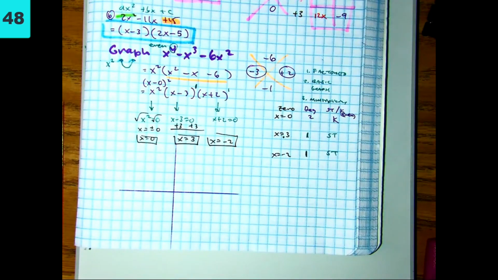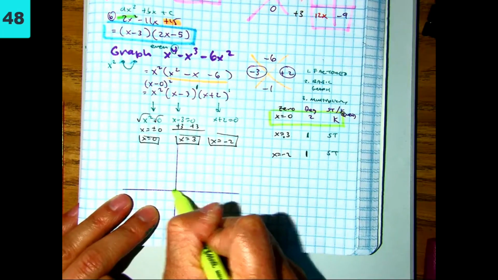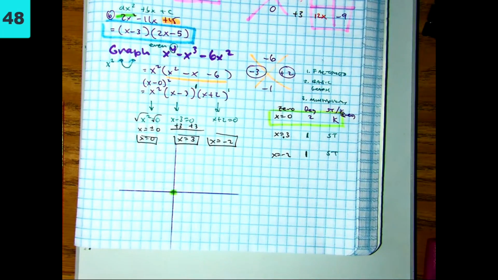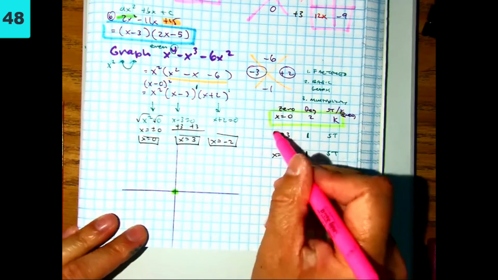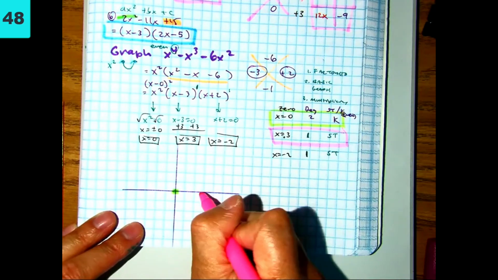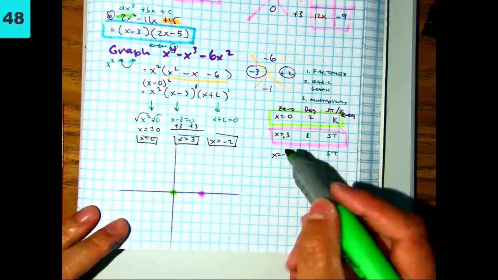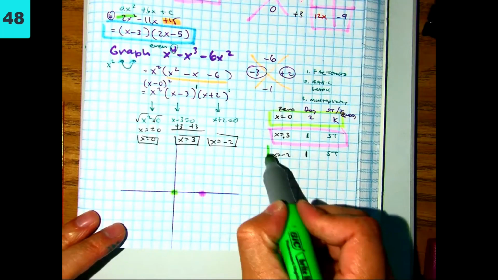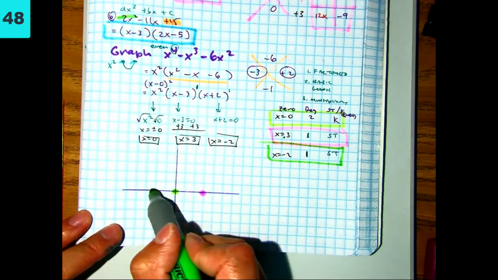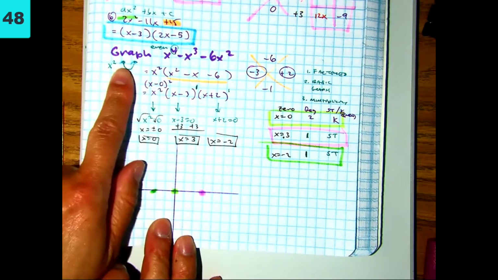I have x equals 0, I have x equals, let's just say, 3, and x equals negative 2. I'm going to look at my end behavior now. It starts up, ends up.